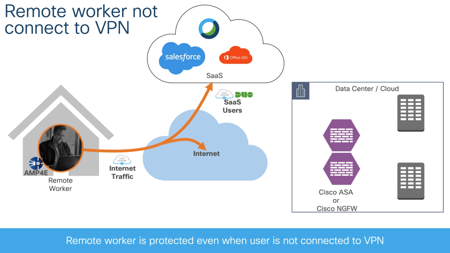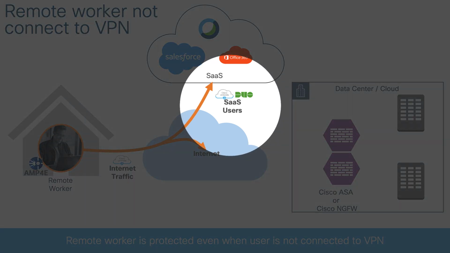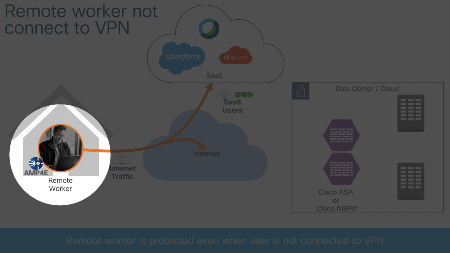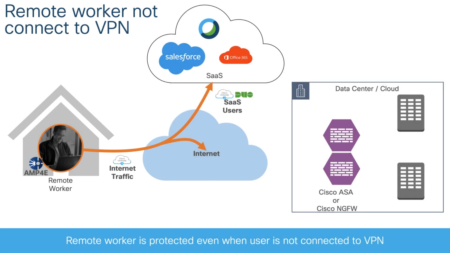If you have those two modules enabled along with Duo two-factor authentication, you can still go ahead and protect your remote worker even when that remote worker is not connected to the VPN. So you can create policies on your Cisco Umbrella portal, or you can create policies on the AMP portal, and those policies will still be applied to the user even when that user is not connected.